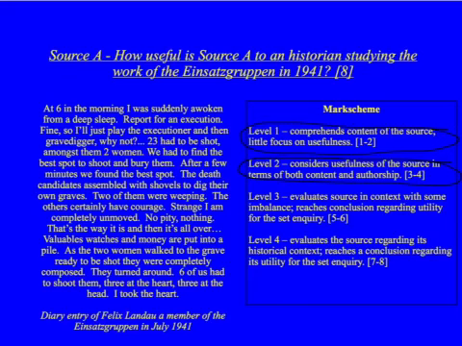If you show that you can say how useful the source is in terms of what was happening at the time, the special squads being given the task of murdering Jews in countries such as Poland and Russia, and you can give a conclusion as to how useful the source is overall, you'll get 5 to 6 marks.